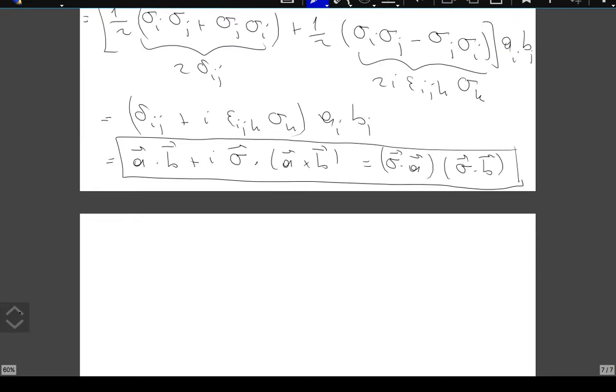Well, let's see, where can we use this? We already know, at least for a particle that doesn't have a spin, how it interacts with an electromagnetic field. You just replace the momentum with p minus q over c A, and you determine how the charged particle interacts with a magnetic field.